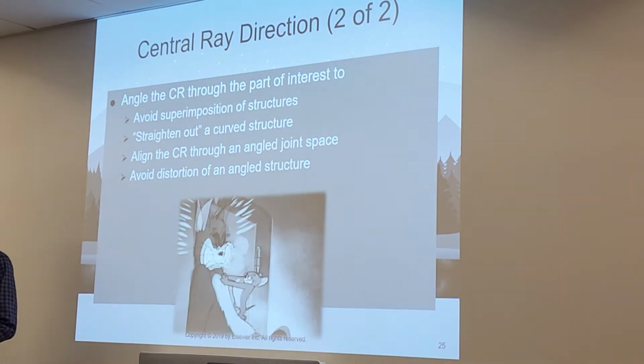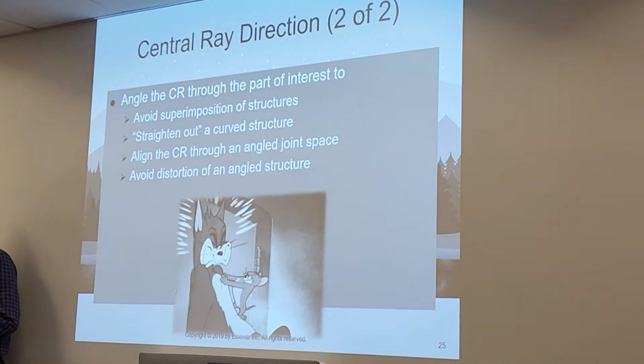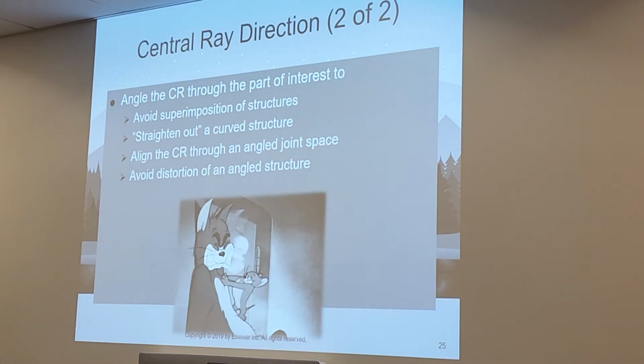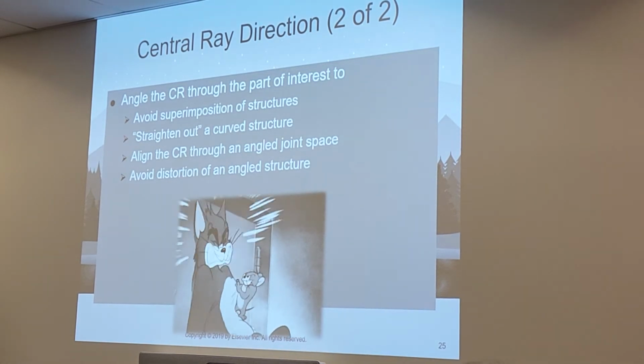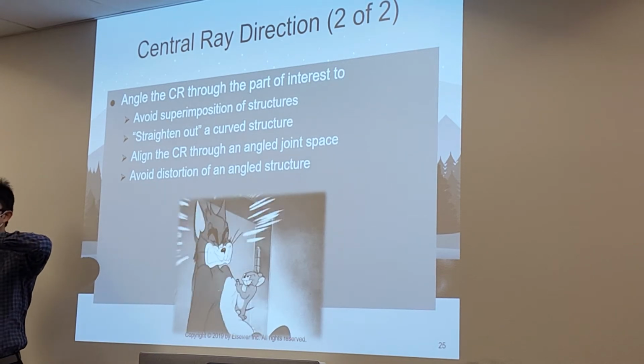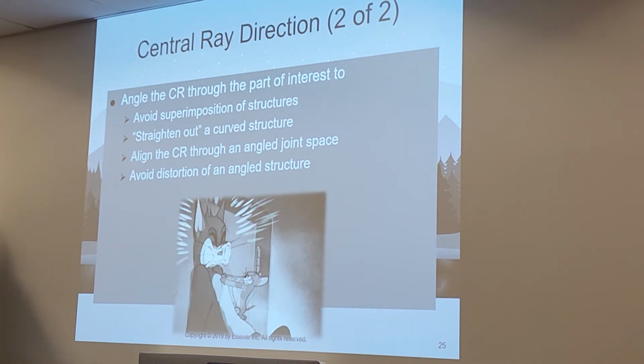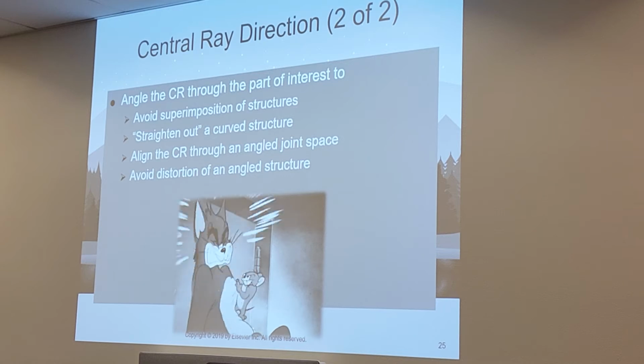Sometimes we have joint spaces which are at an angle. We want to open up the joint space. We want to be able to see through the joint space. Because you've got bone, and the joint space is the gap in between the bones. We want to make sure we can see the gap, because there are some diseases, some pathologies which affect this gap in the joints.